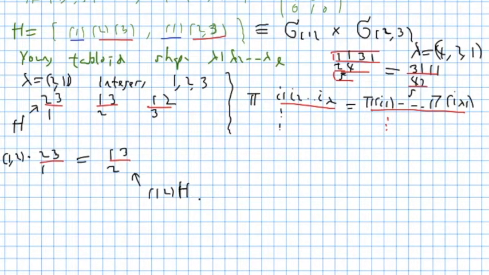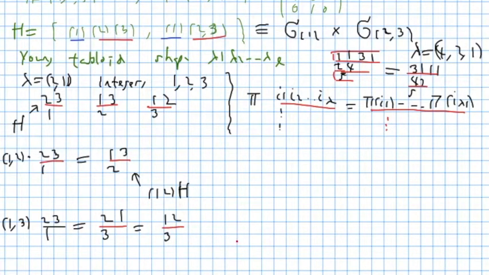Okay, and now if I let (1 3) act on this tabloid, I'm going to get 2 stays put, 3 goes to 1, and 1 goes to 3. And this is the same as the tabloid 1 2 over 3.